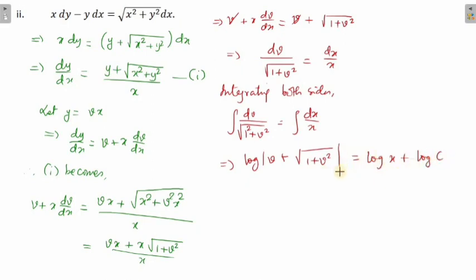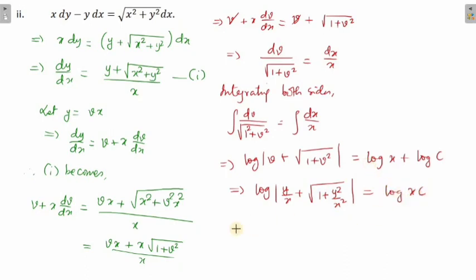Now we will put the value of v. All of you know v is y by x, so similarly this is also 1 plus y square by x square. Now this becomes log xc.